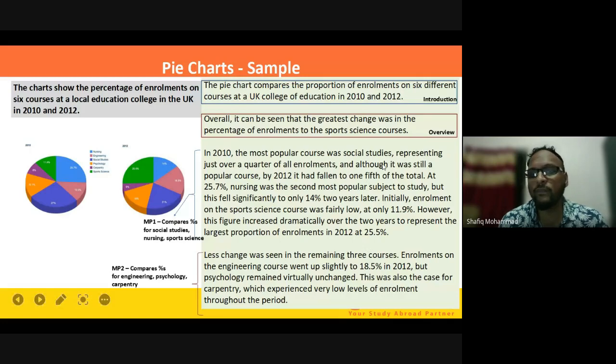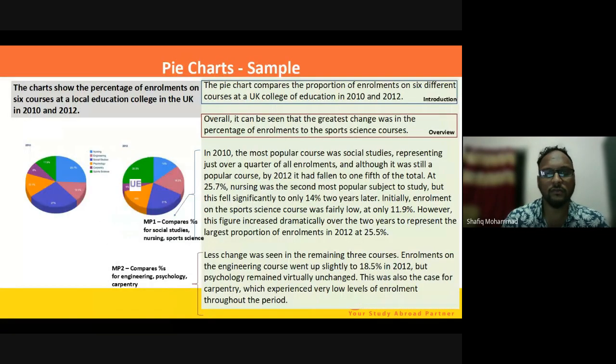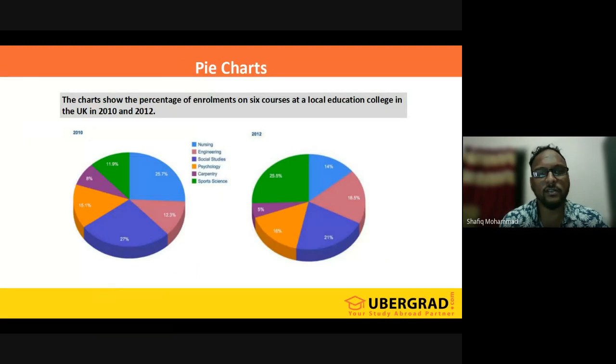And although it was still a popular course by 2012, it had fallen to one fifth of the total. So maybe it was the highest scoring. Obviously, many people were joining or signing for that course.